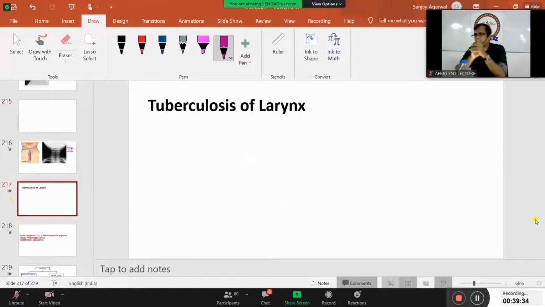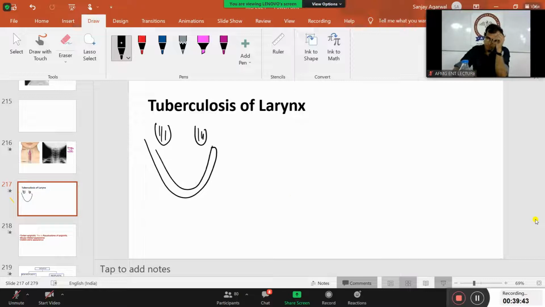Chronic laryngitis, tuberculosis. The first question is, which is the most common site? It is here. This is tuberculosis.